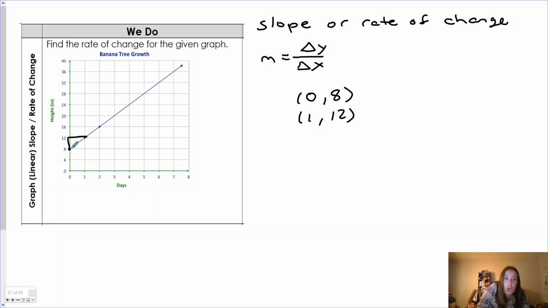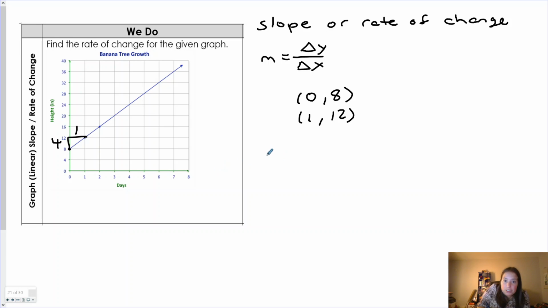But it is so important that you read the graph and you don't just say 1 box up, 1 box over, because I'm going from 8 to 12. I get from 8 to 12 by going up 4. And from 0 to 1, my change is 1.